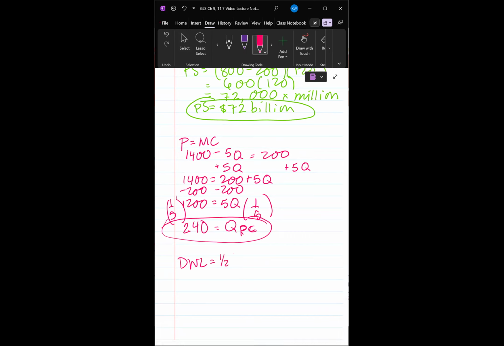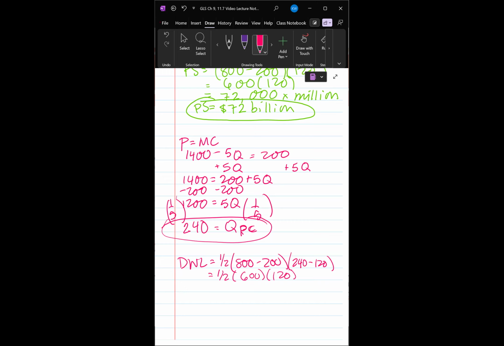So deadweight loss will be 1/2 times the difference in price that the monopolist charges and the price that the perfectly competitive firm would charge, which is 200, right? It's equal to the marginal cost. And then we're going to multiply that by the difference between what the perfectly competitive firm makes and what the monopolist makes, which is 240 minus 120. Simplifying gives us 1/2 times 600 times 120.